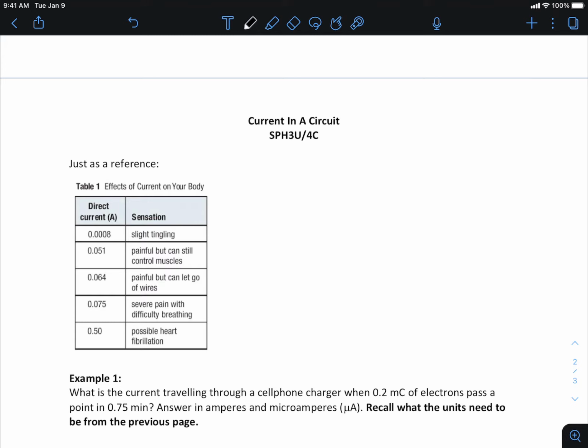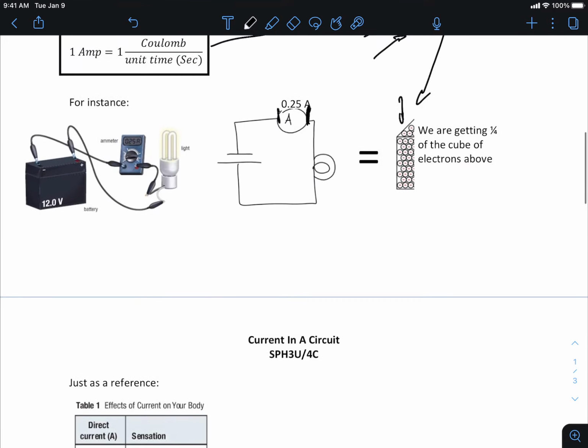Remember, half an amp as reference would be half of this thing. So half an amp would cause possible heart fibrillation. I'm not a doctor, but you'd have problems with your heart.